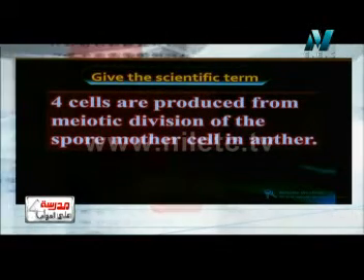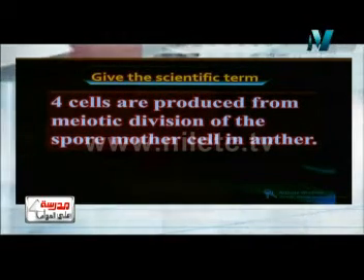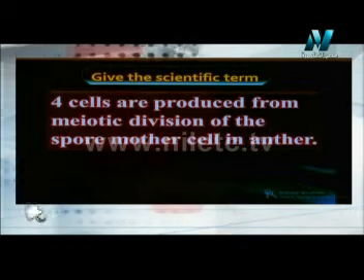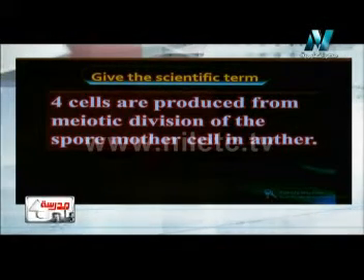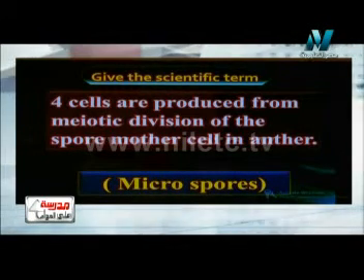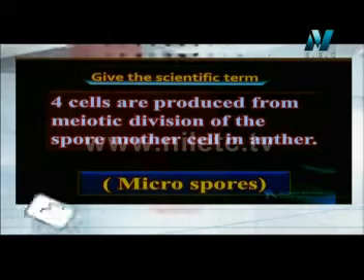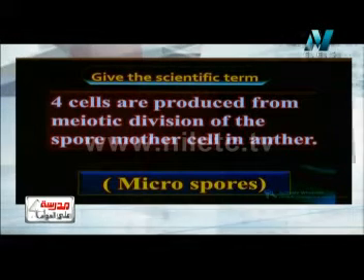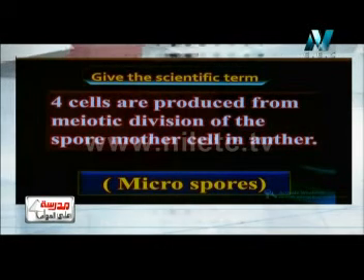Four cells are produced from meiotic division of the spore mother cell in the anther. The four cells are called microspores, because the microspores are haploid cells. They are produced as a result of the meiotic division of the spore mother cell.